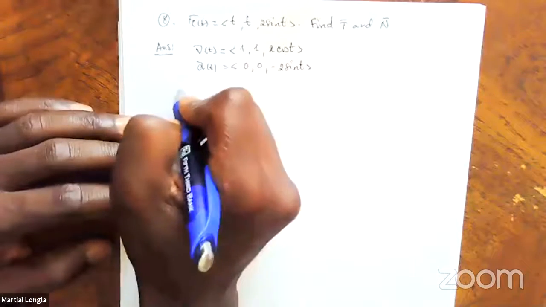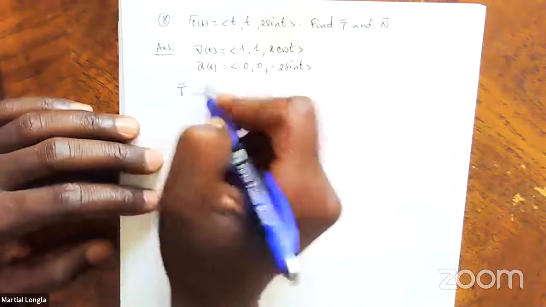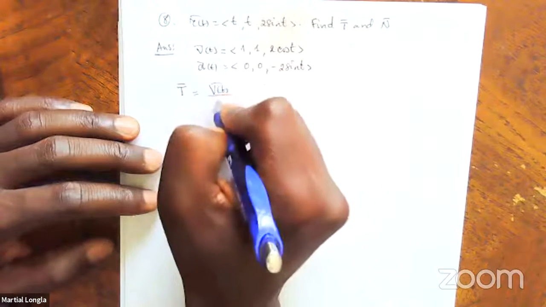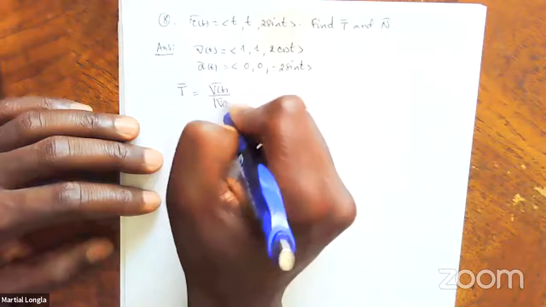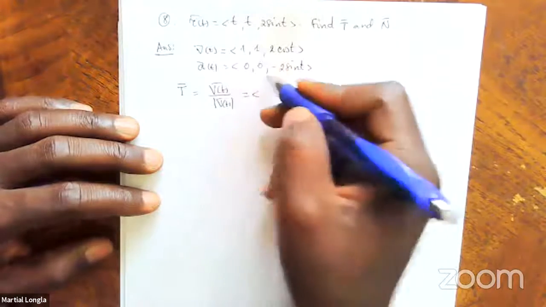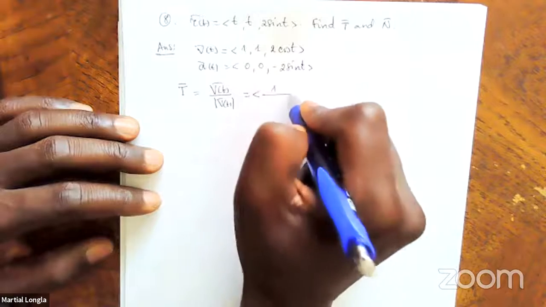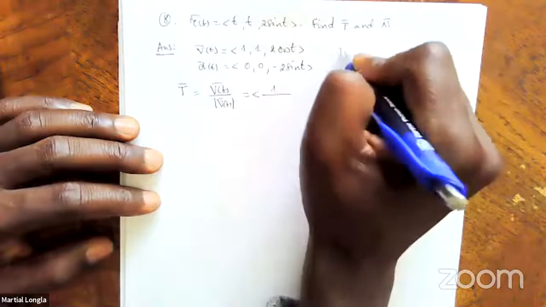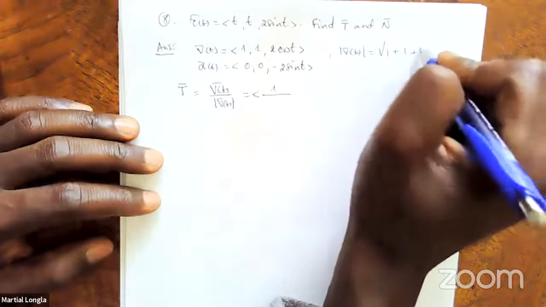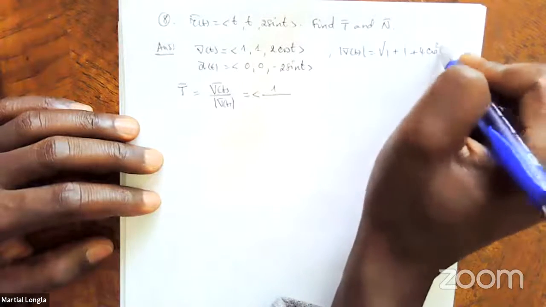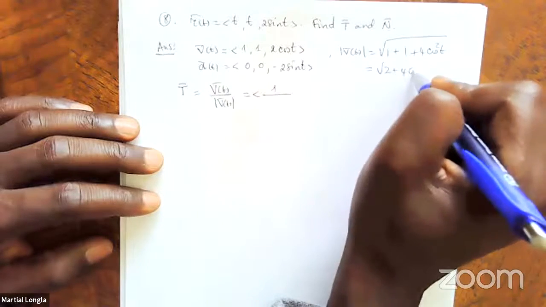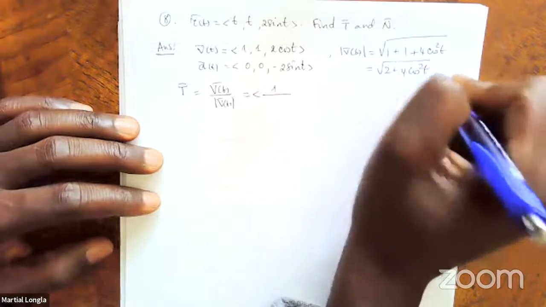So t is v of t over magnitude of v of t. And so this is 1 over square root of magnitude of v of t, which is square root of 1 plus 1 plus 4 cosine squared t, which is square root of 2 plus 4 cosine squared t.